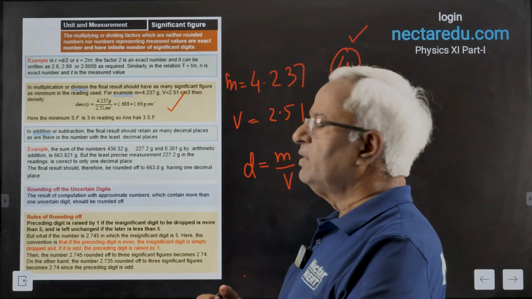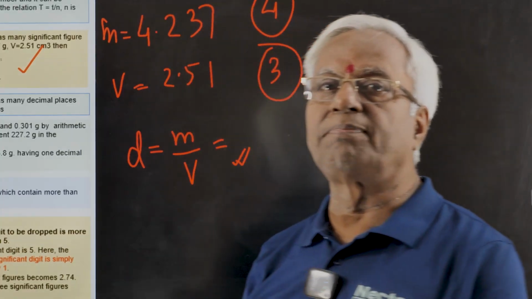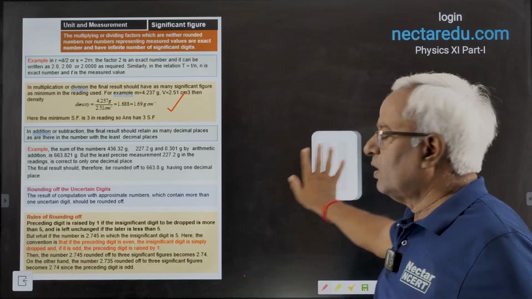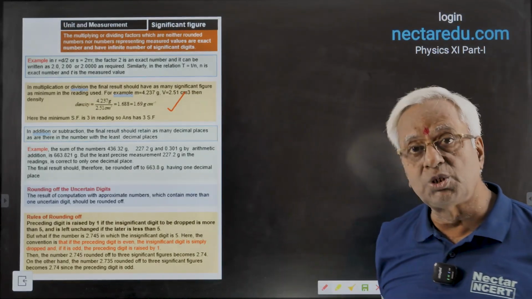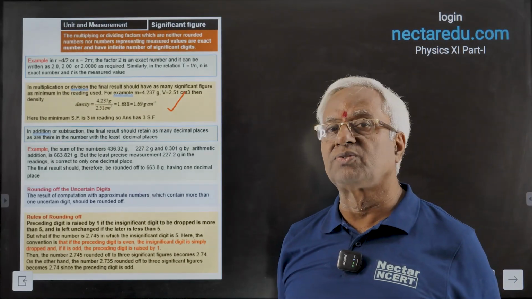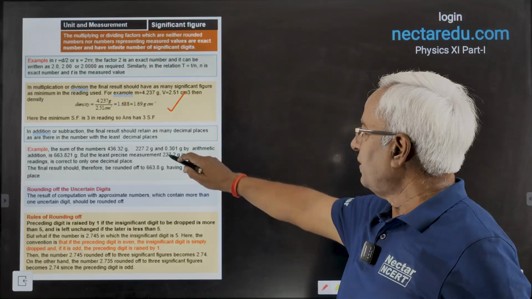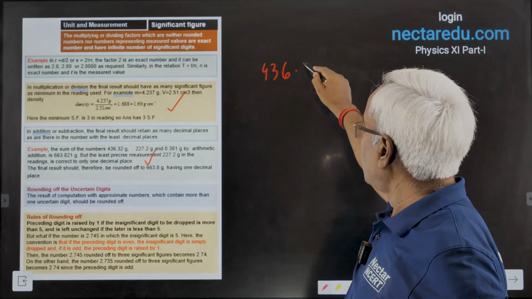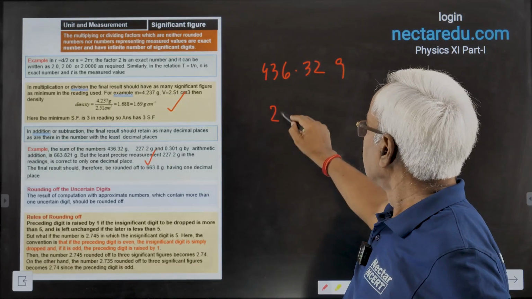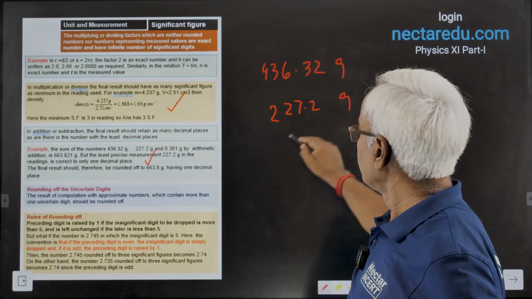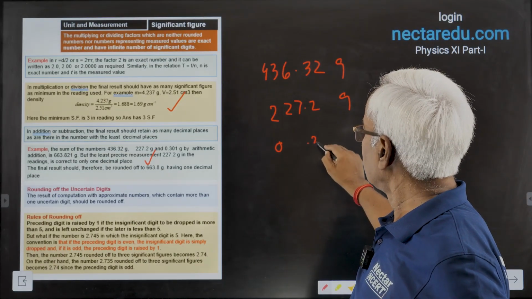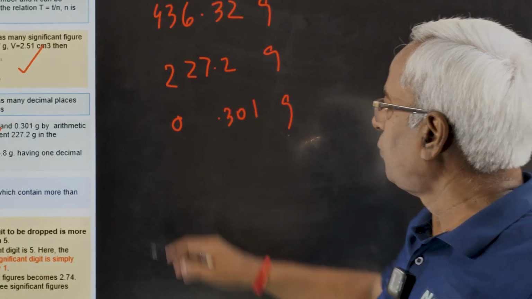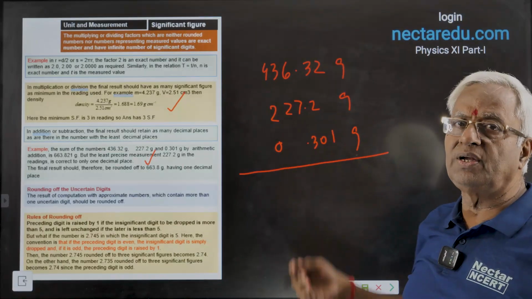Another process is that of addition or subtraction. In addition or subtraction, we have to see the minimum number of decimal places in the readings. For example, we have considered here 3 readings of masses, and you have to find the total of these, meaning the sum of these readings.